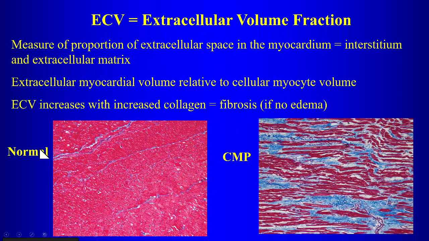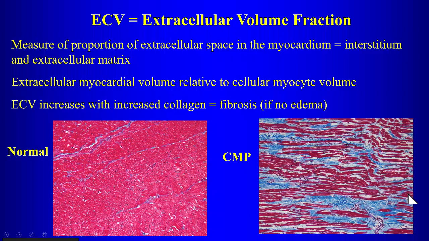So here where you have normal myocardium, you have lots of cellular myocardium, there isn't much extracellular stuff here, okay? But where you have fibrosis, where you have diffuse fibrosis, you can see now that there's more collagen out there in the extracellular matrix.